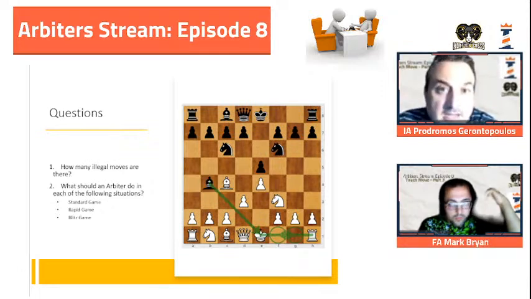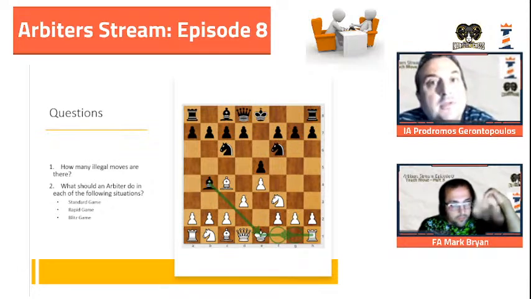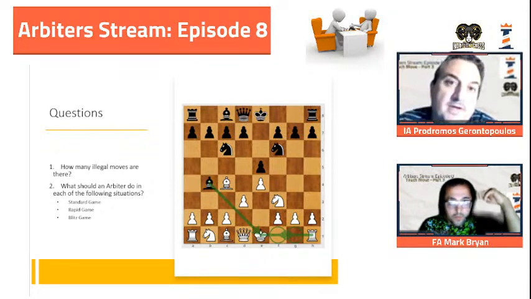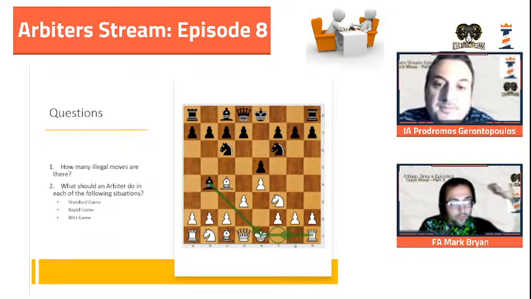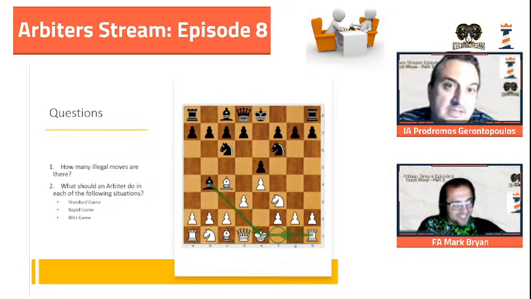In a standard game, we have the score sheets, 2 score sheets from the players, so we can find out easily about the penalty and the fault. And to find out that it's one illegal move and to give the penalty. And if it's a standard game, the penalty is 2 minutes to the opponent.